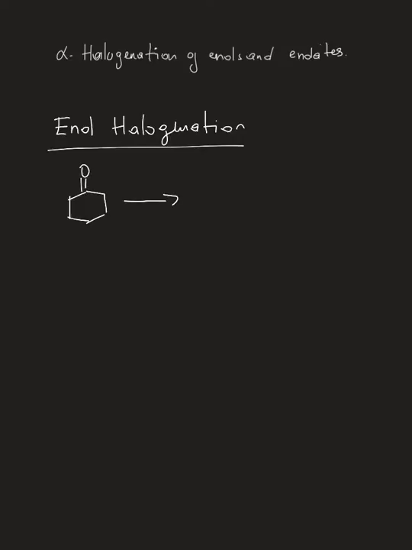We treat it with bromine under aqueous acidic conditions. And what this will do is form an alpha bromo ketone, right? So remember, right here, this is the alpha position, and we have a bromide there.